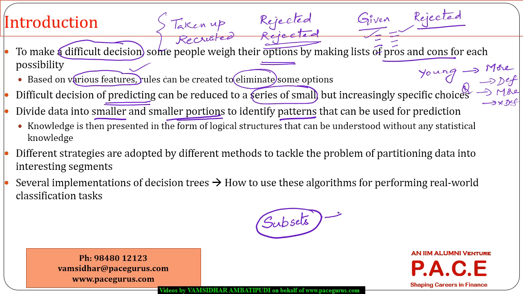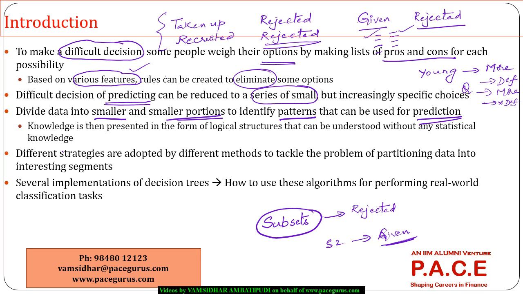Okay, this subset of people needs to be rejected because there is a good chance that they will default on the loan, and some other subset of people needs to be given a loan because there is very little chance that they will default. So I am trying to identify the patterns within the different subsets of the data, so that, based on that learning, I'll use those patterns for my prediction purposes.